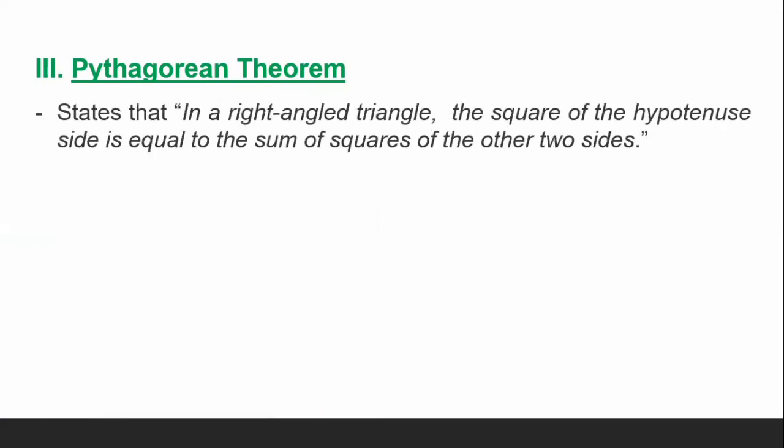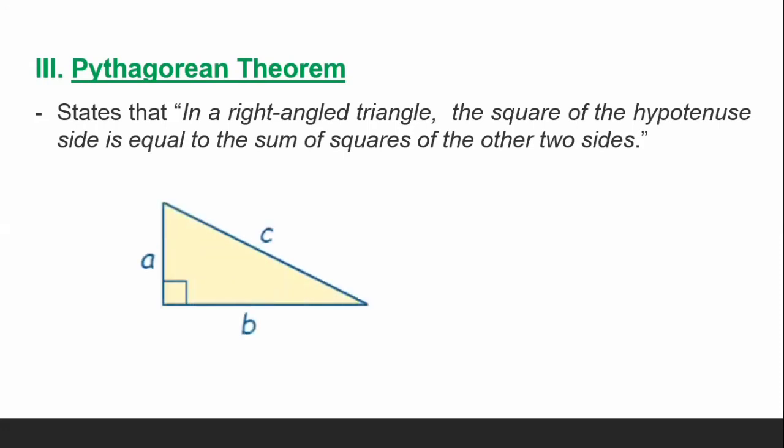It is very useful in finding the side of a right-angled triangle. Pythagorean theorem states that in a right-angled triangle, the square of the hypotenuse side is equal to the sum of squares of the other two sides.